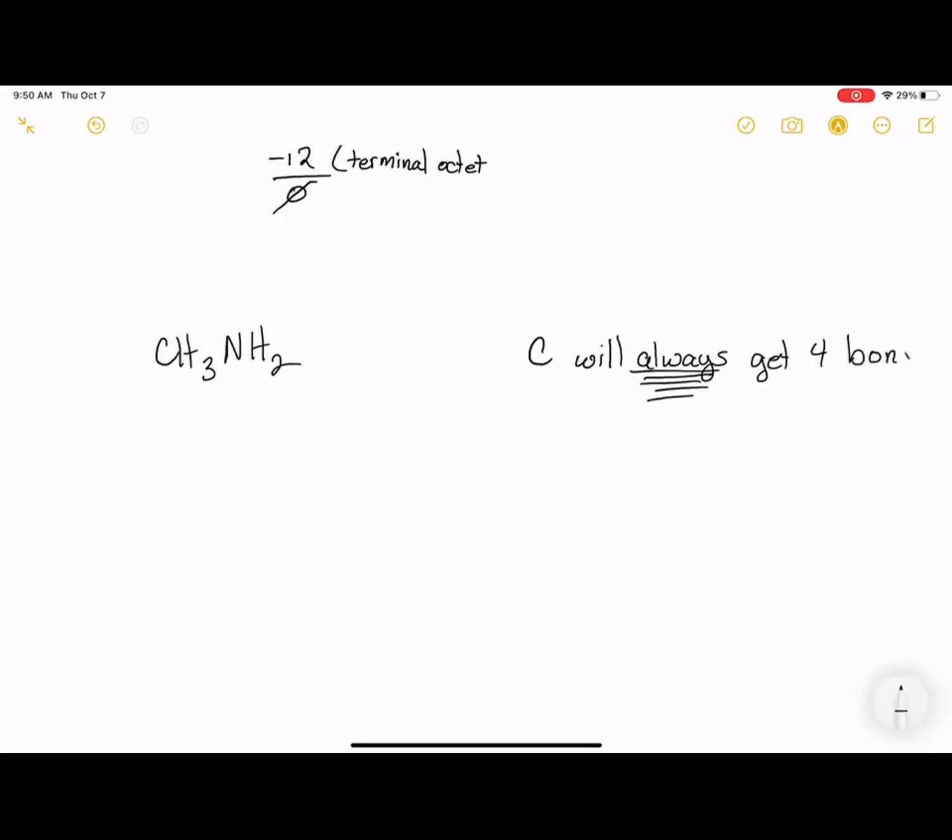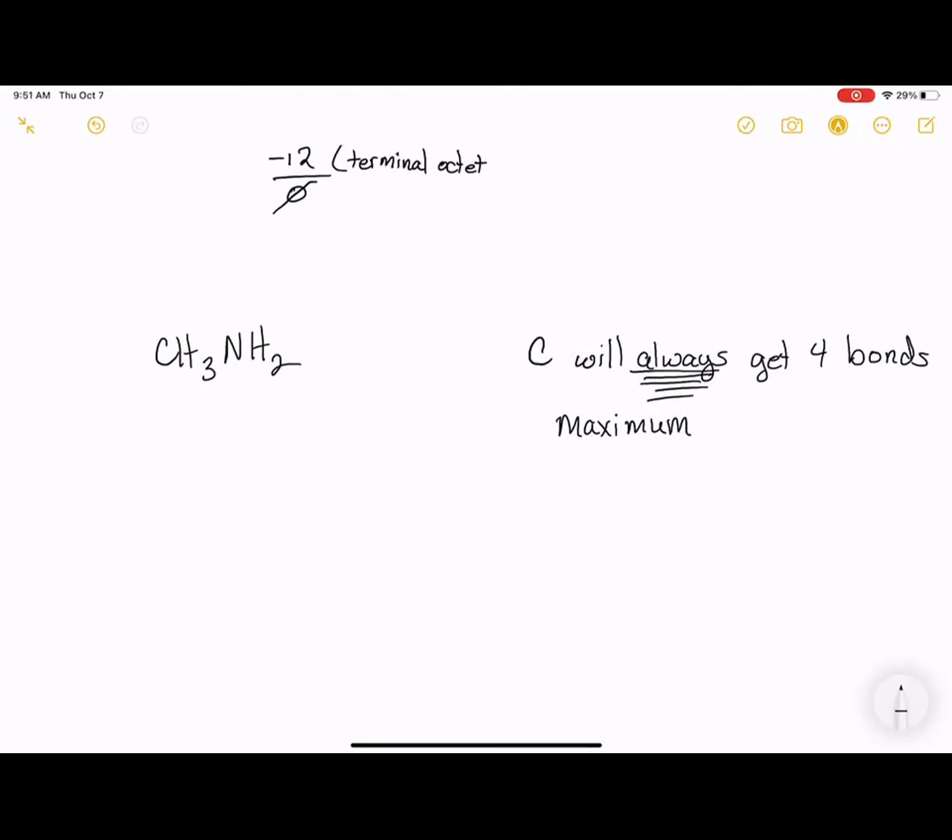That's the maximum that it can have. It can't have 5, it can't have 6. It cannot go over 4. So the fact that there's 5 hydrogens and a nitrogen tells me that I've got multiple central atoms, because I have more than 4 atoms, and carbon can't go over 4.